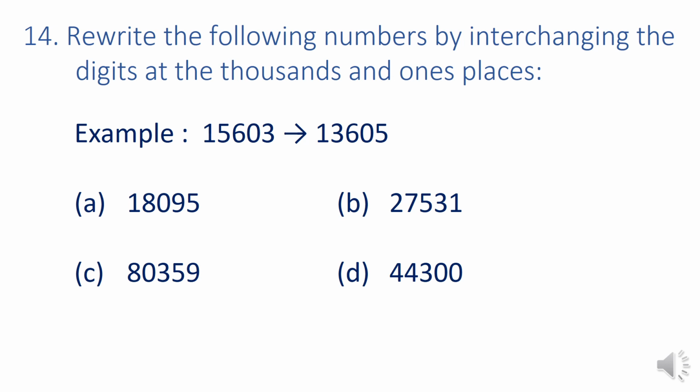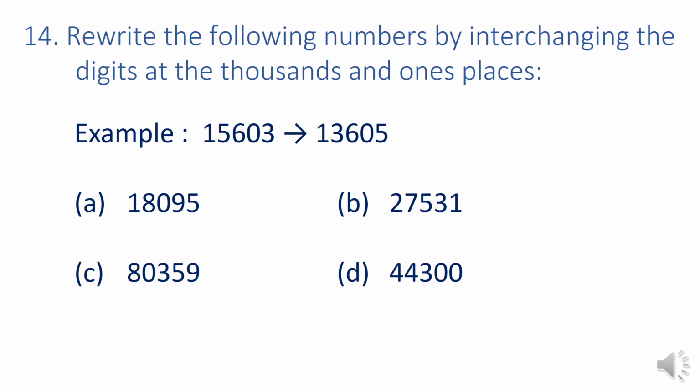The given number is 15,603. In this number, the ones place number is 3 and the thousands place number is 5.